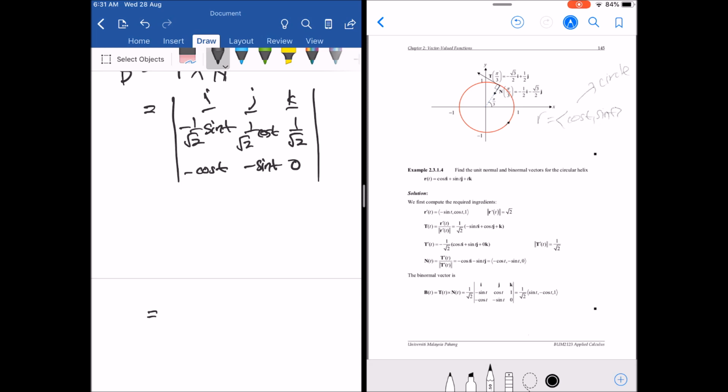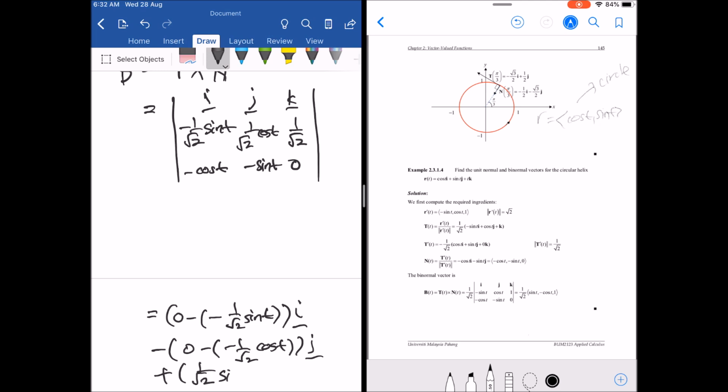We will have 0 minus negative 1 over square root 2 sin t for i, minus another 0 minus negative 1 over square root 2 cos t for j, and then plus 1 over square root 2 sin squared t minus negative 1 over square root 2 cos squared t for k.